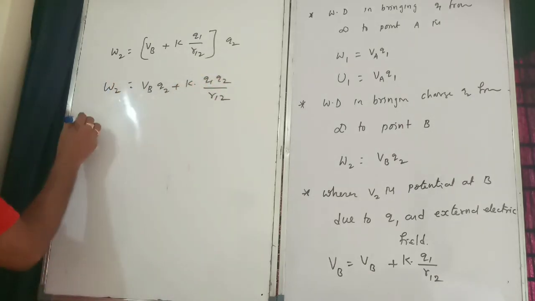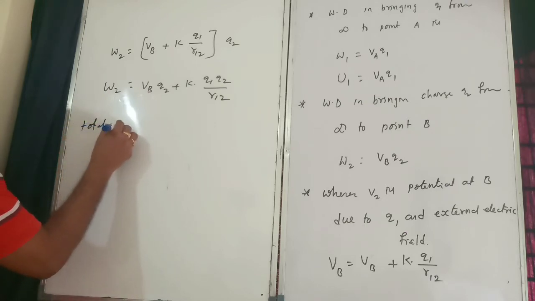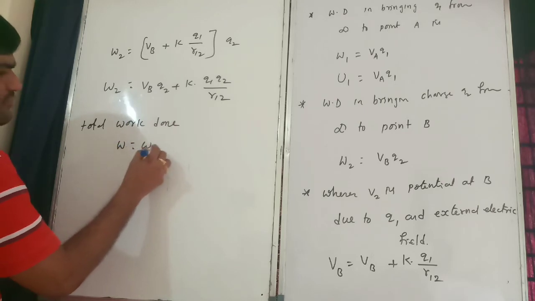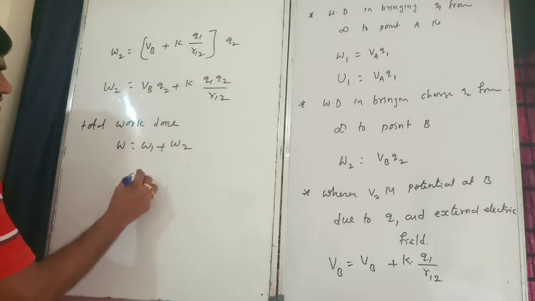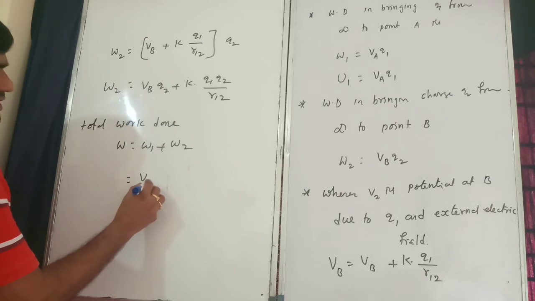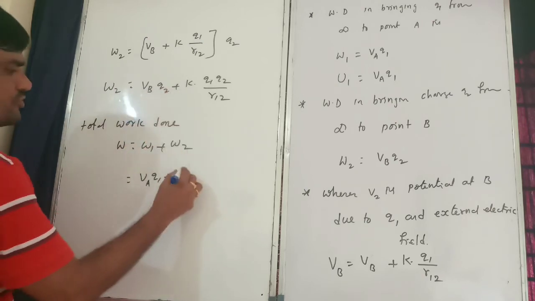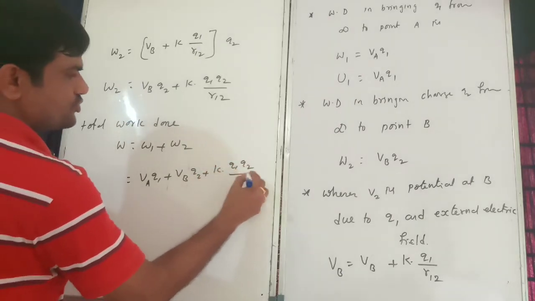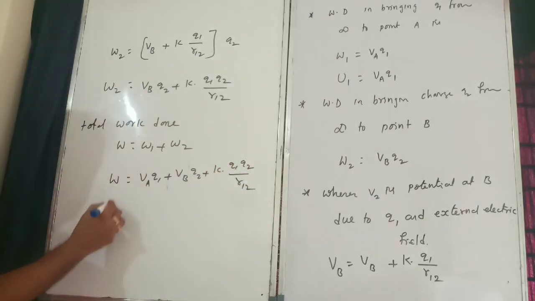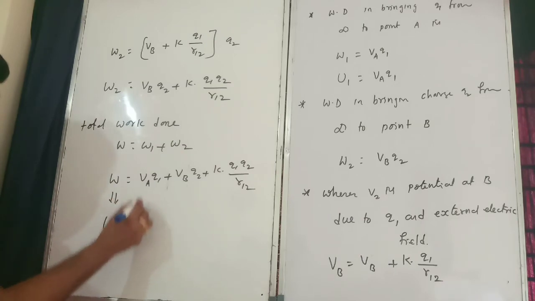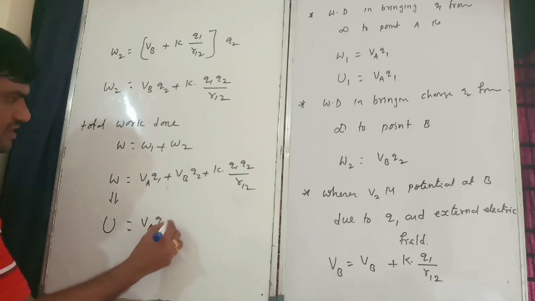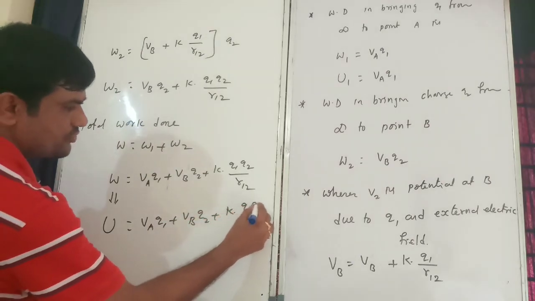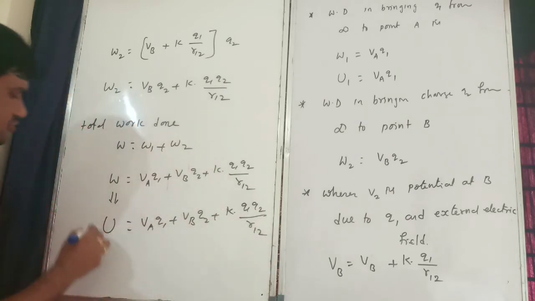This is the W2. Then total work done W is equal to W1 plus W2. W1 is VA Q1 plus W2, which is VB Q2 plus K into Q1 Q2 by R12. This is the W, which is nothing but potential energy: VA Q1 plus VB Q2 plus K into Q1 Q2 by R12. That's it.